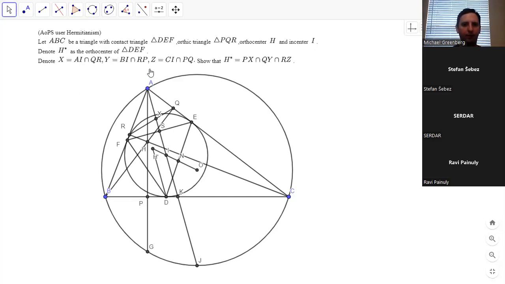I wonder if AX is isogonal to something. Well, we know AX bisects BAC, but maybe AH prime is isogonal to something.